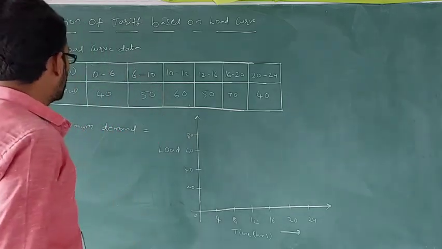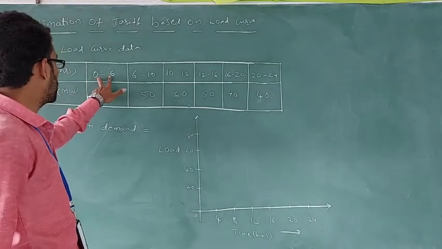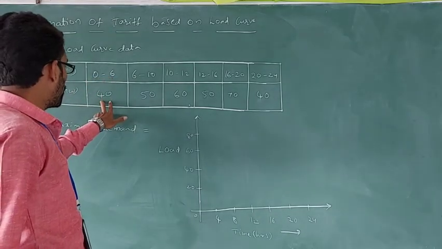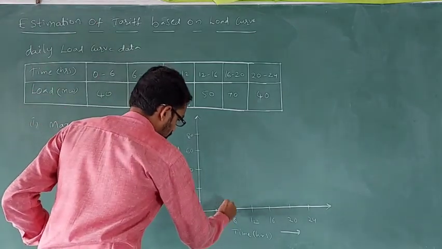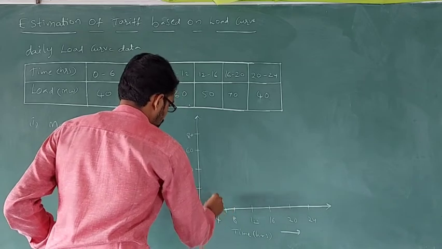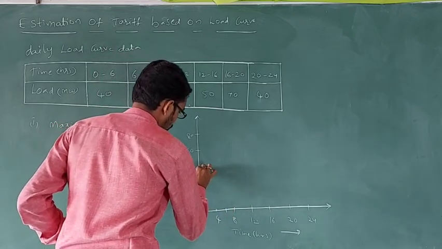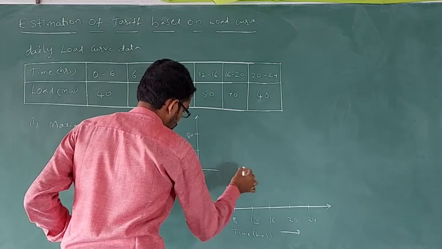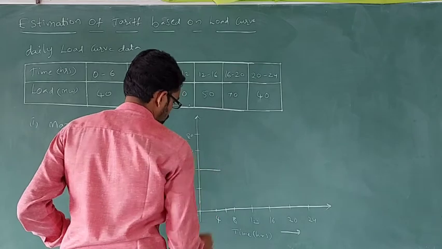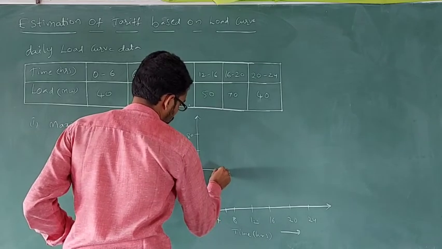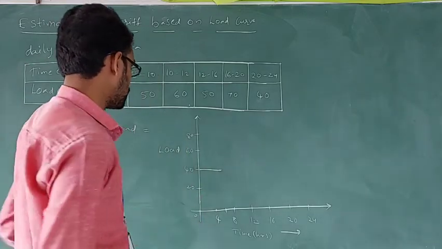Now see, in between 0 and 6 the load is 40 megawatts. Up to here it is 6, so up to here the load is 40 megawatts. I am drawing a line up to 6 hours, and for 6 hours you are having 40 megawatts.